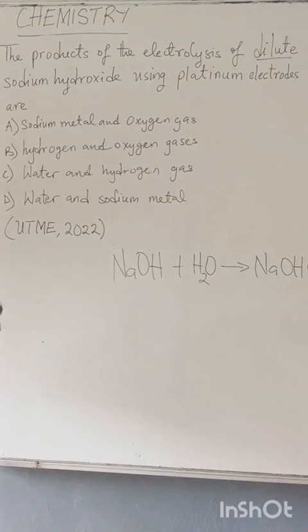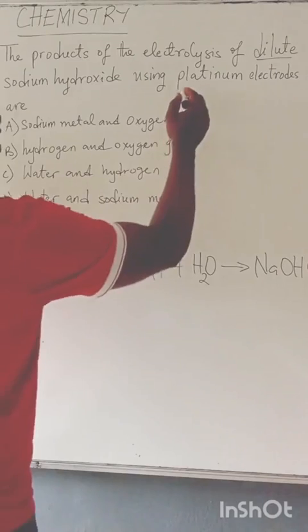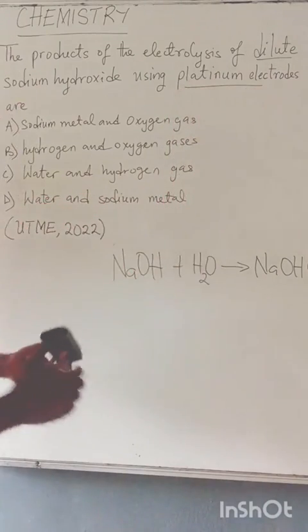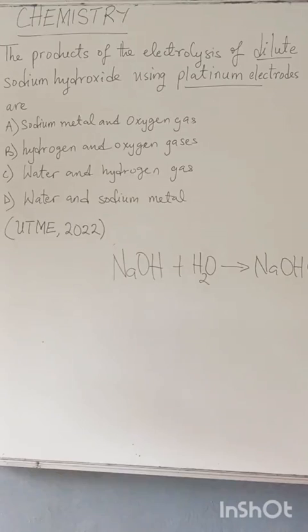Another thing we are going to clarify is this word here, platinum electrodes. In electrolysis, whenever we use platinum as an electrode, the electrode does not take part in the electrolytic process.